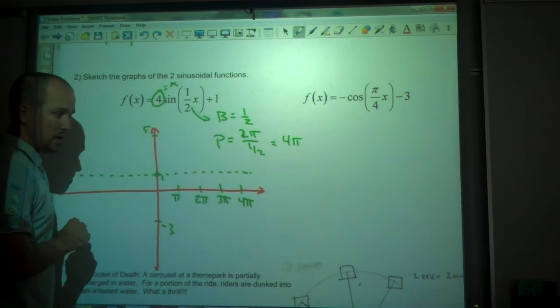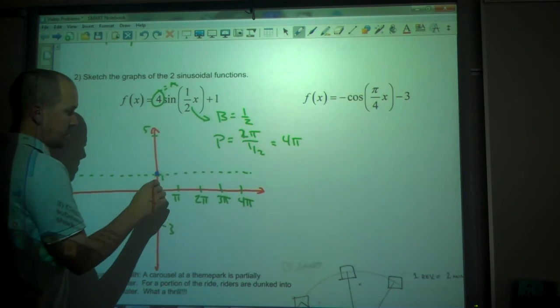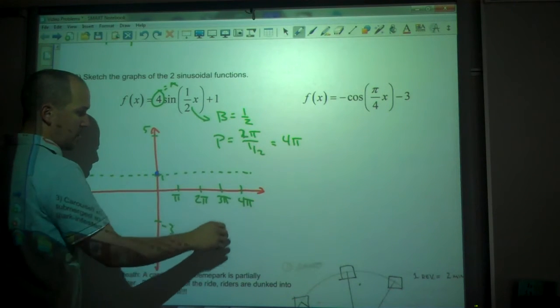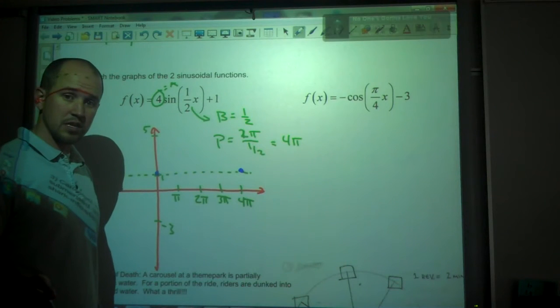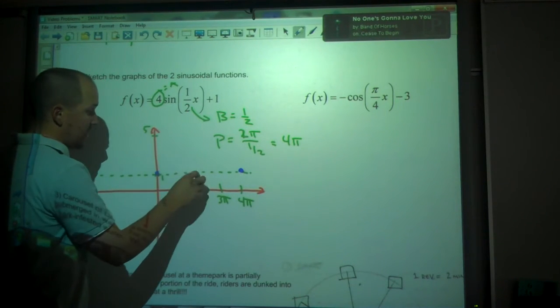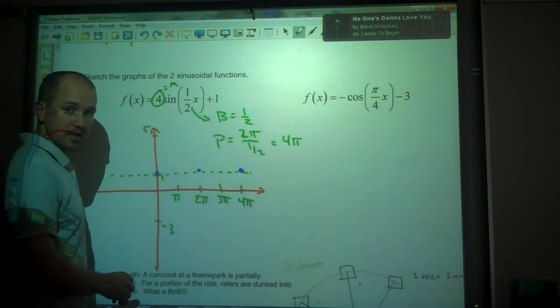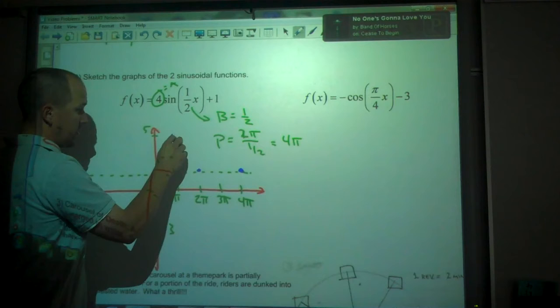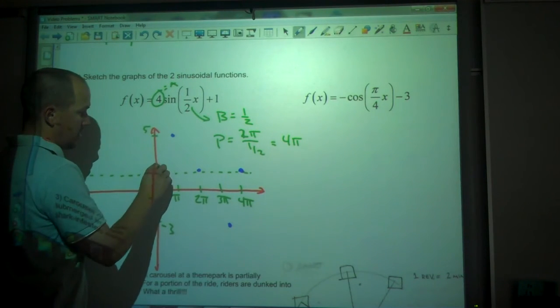So it starts in the middle. It's going to go up, down, and back up and complete one full cycle in a distance of 4 pi. Which means it's going to go up and down in a distance of 2 pi and then down and up in another distance of 2 pi. In between that, I can put in points. The max and the min.